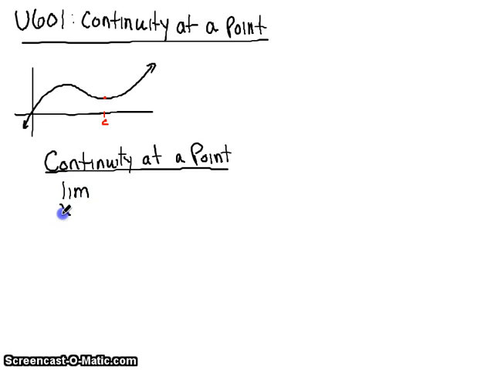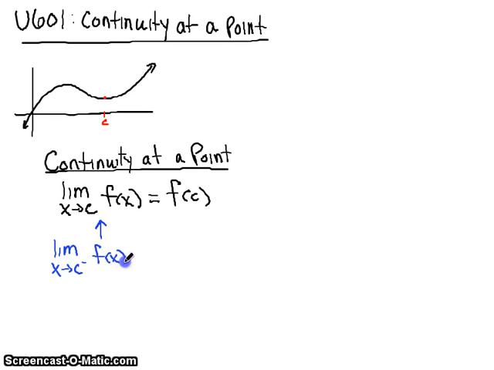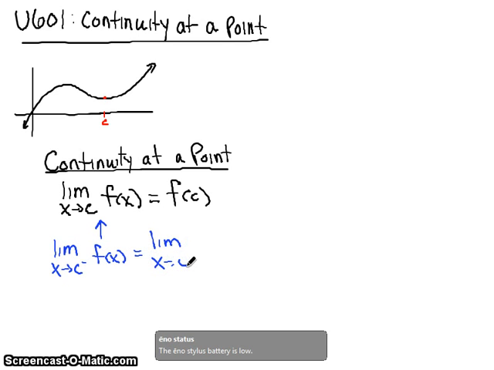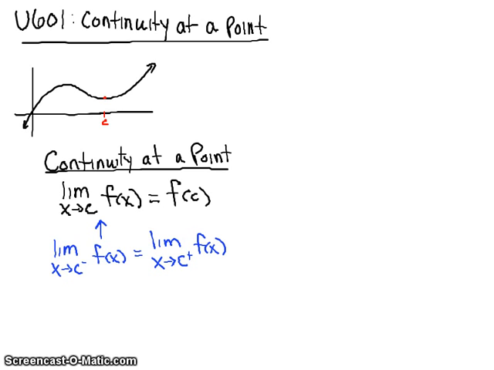The limit as x approaches that point C of f of x is equal to the y value at that point C. So the limit as x approaches C of f of x equals f of C. One thing that you do need to be careful about is this implies that the limit as x approaches C from the left of f of x is equal to the limit as x approaches C from the right. So the limit from the left and the limit from the right have to equal each other.